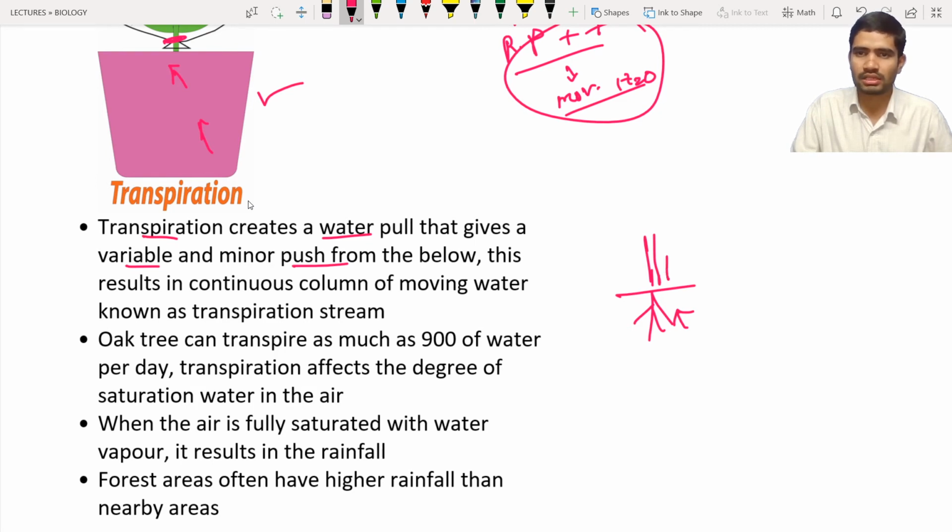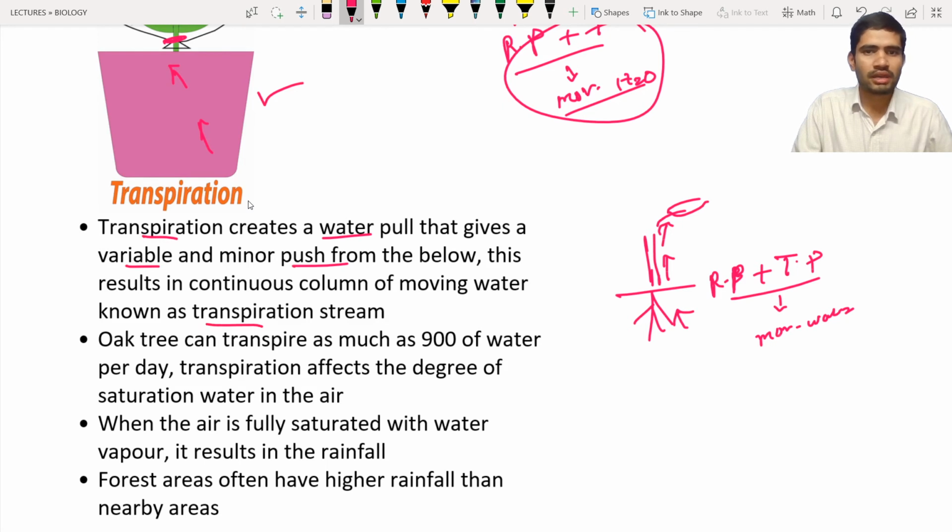As a result the water is going to move up. Not only that, the leaves do the transpiration, and they also create a pulling effect. Hence we can confirm that the root pressure plus the transpiration pull help in the movement of water. Okay, so this is the main thing over here.